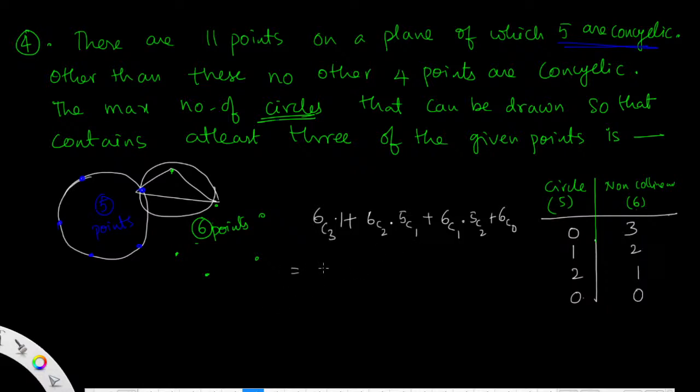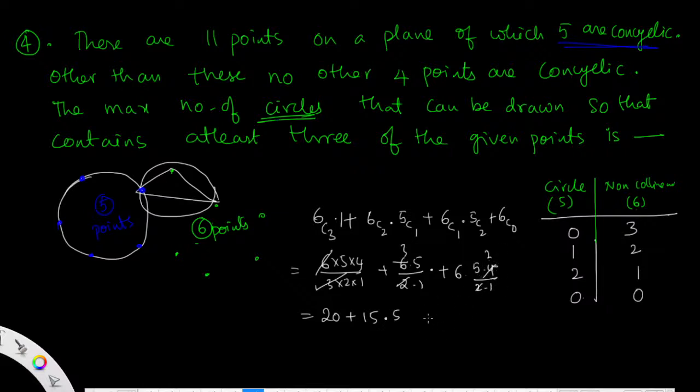So 6C3 is 6 into 5 into 4 by 3 into 2 into 1, that is 20, plus 6C2, which is 6 into 5 by 2 into 1, that is 15, into 5, plus 6C1 into 5C2, which is 5 into 4 by 2 into 1, that is 10. So 6 into 10 is 60, 15 into 5 is 75, plus 60, plus 1. So the total value we get is 20 plus 75 plus 60 plus 1, which is 156. 156 circles can be drawn so that each contains at least 3 of the given points.